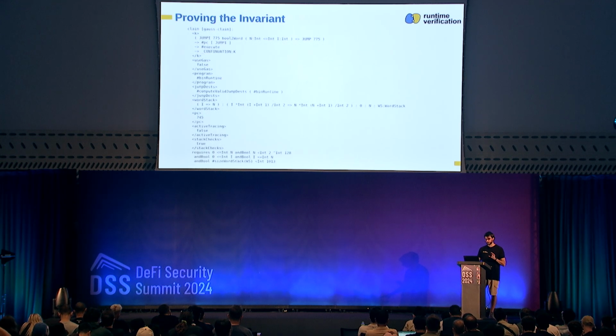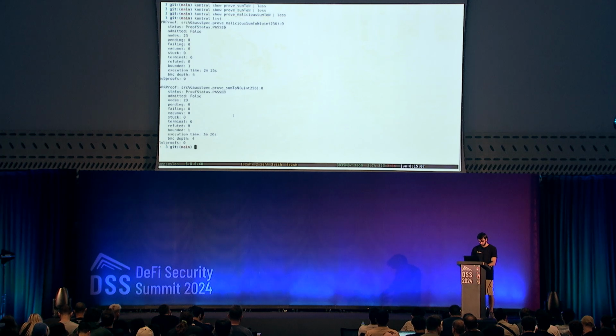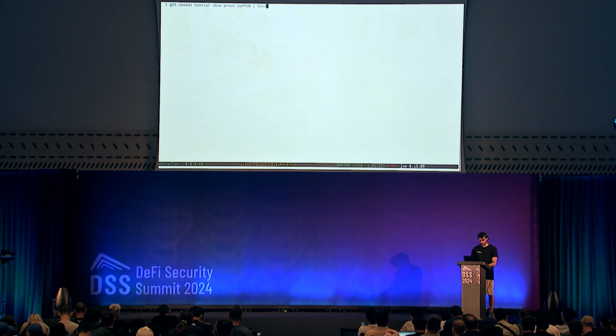Great. So let's prove the invariant, but first let's see how this looks. In this case, we want to first inspect the configuration that control has given us. When this loads, we go here.